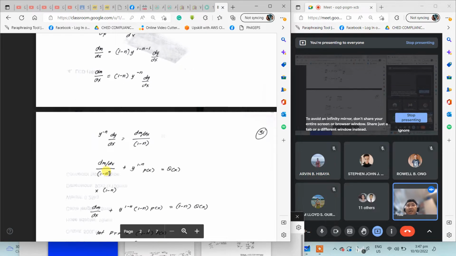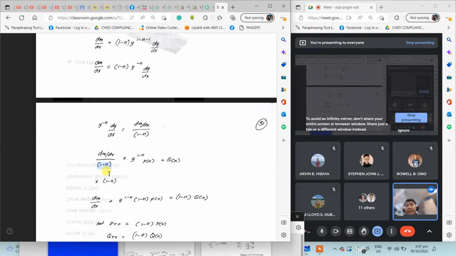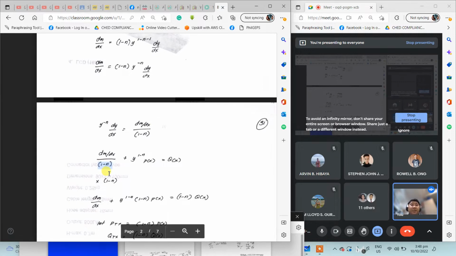So if you could see here, it becomes like this. But again, since this is still not like your dy over dx, linear, what we need to do is make it dm over dx only. In order to eliminate this, 1 minus n is just like a constant, like 1 minus 2.